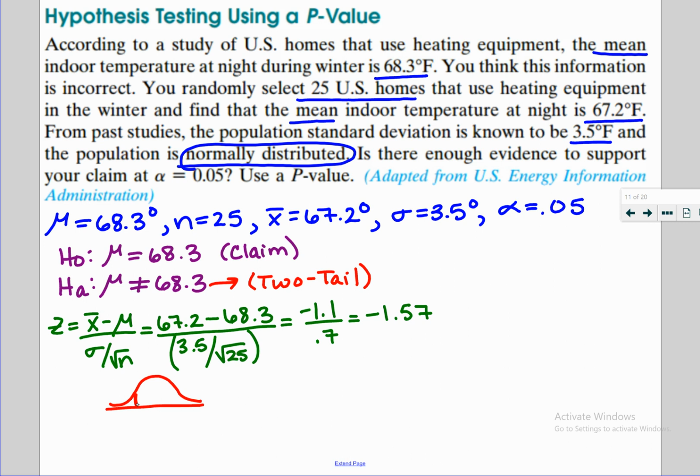Okay, so negative 1.57, what do we have here? 0.0582 is my area. So then my p-value, that's that area there if I shade it in the picture, is double that, 2 times 0.0582.